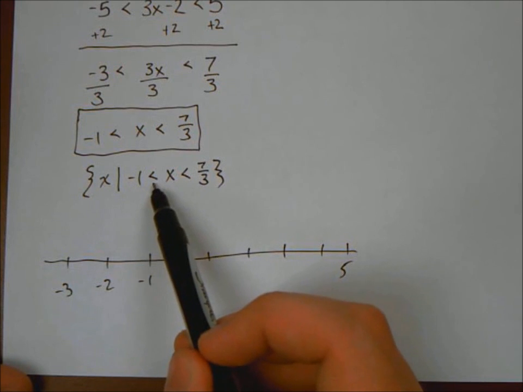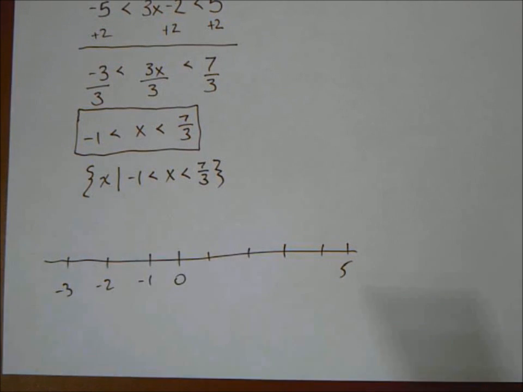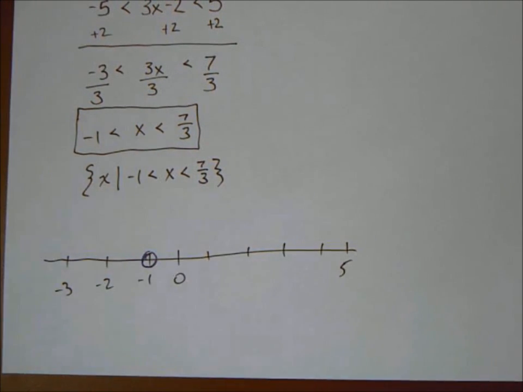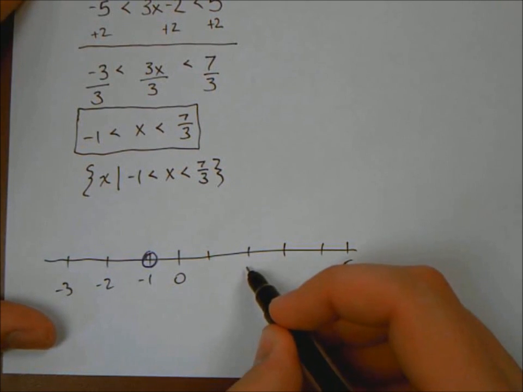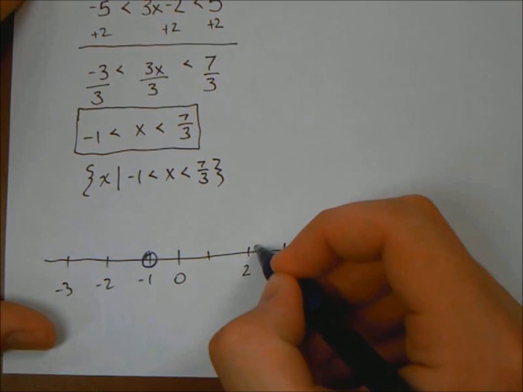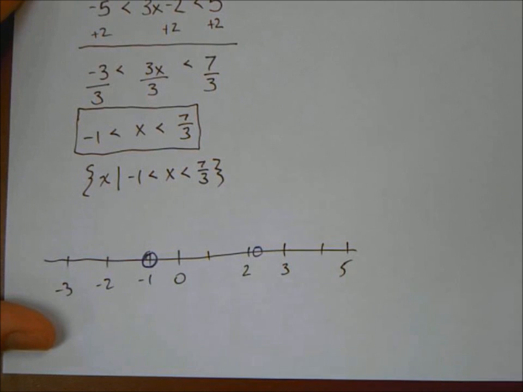This one is not equal. It's strictly negative 1 is less than x. So instead of putting a solid dot at negative 1, I'm going to put an open circle. I'm also going to put one at 7 over 3. 7 over 3 is about 2.3, which means 7 over 3 is going to go between 2 and 3. So I'm going to put an open circle there at 7 over 3.